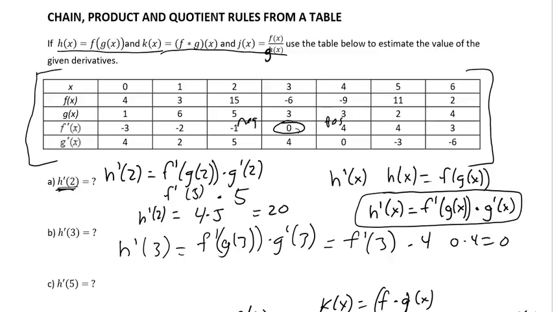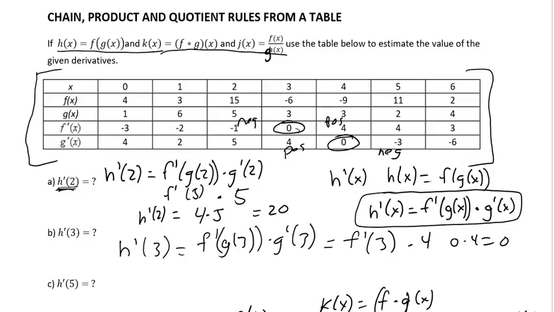Okay. So we can also see g prime here has a 0 at 4. And this is positive to negative, which means g changes from increasing to decreasing, making it have a maximum at 4.